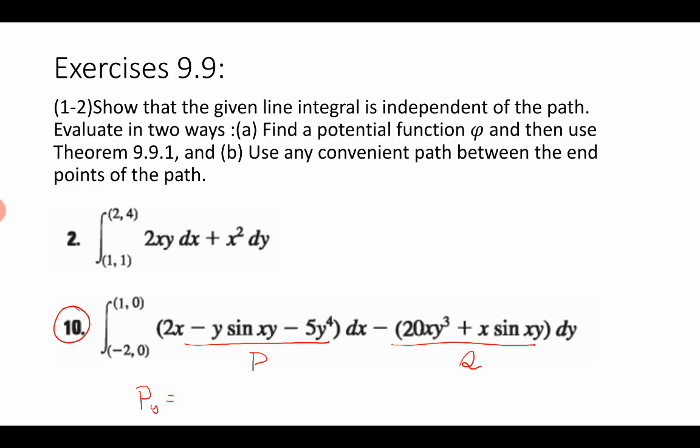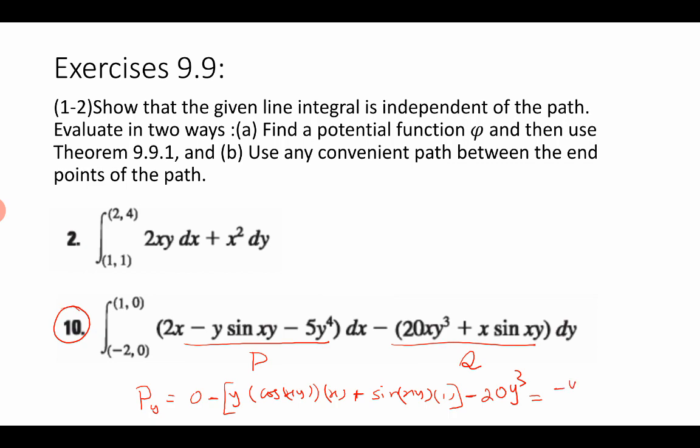Differentiate P with respect to y, which is 0 minus, using the product rule: keep y, differentiate sin xy, it will be cosine xy times x, and when you take the minus inside that it becomes positive, and keep sin xy, the differentiation of y with respect to y is 1, times sin xy, close the bracket, minus 5 times y raised to 4, which differentiates to 20y cubed.